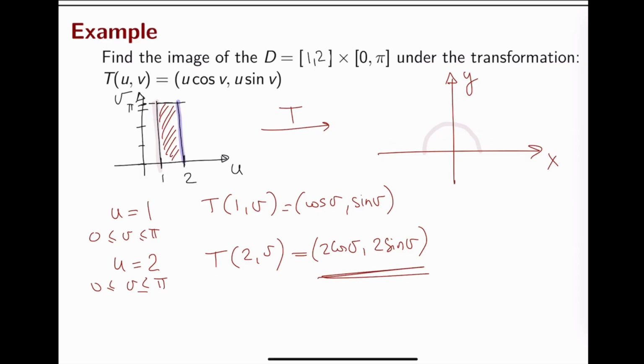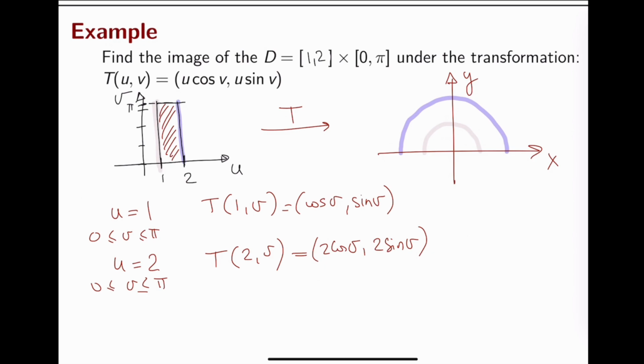This is also a circle, a circle of radius 2. Again, v varies between 0 and pi, so the half circle is going to look like that. That is the transformation of these two segments.